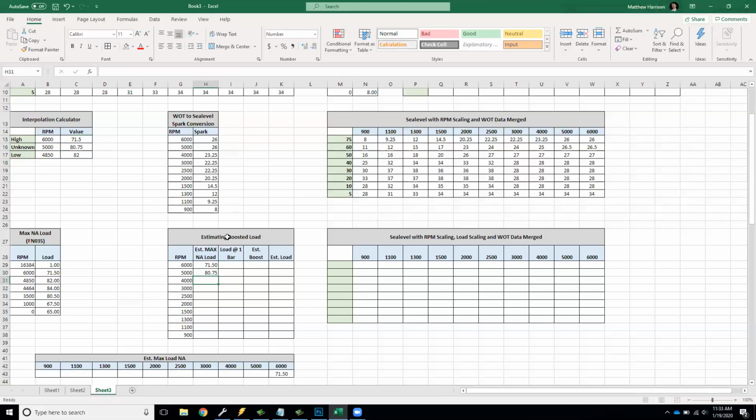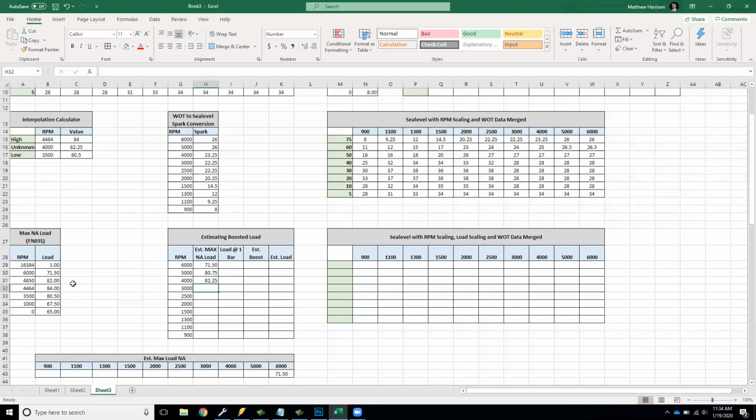Okay, next one, 4,000. So 4,000 is going to be between these two. We have 4,464, we're looking for 4,000, and we have 3,500, which is at 80.5. 4,464 is at 84. So 4,000 gives us 82.25.